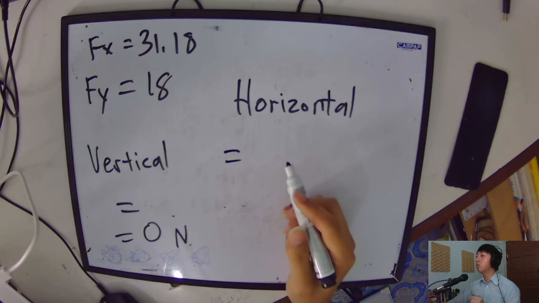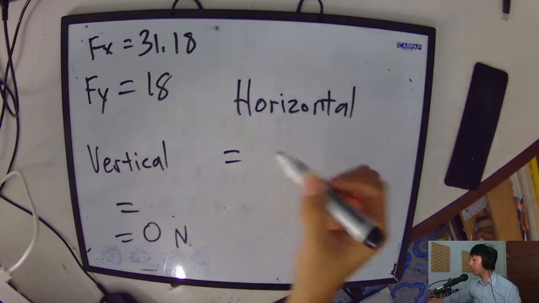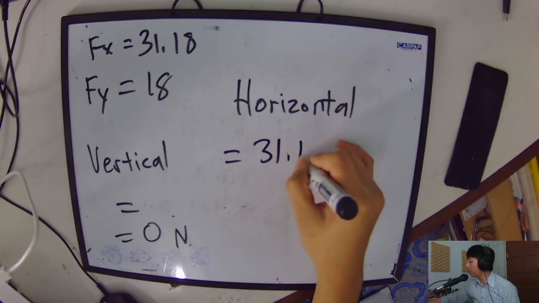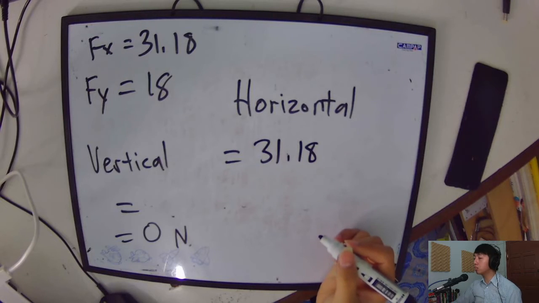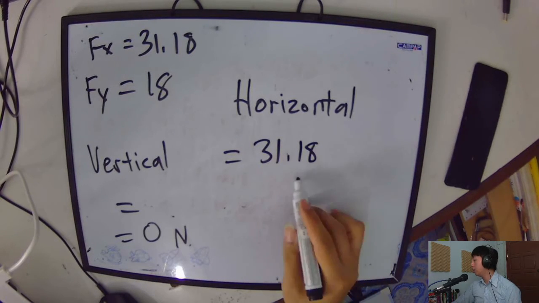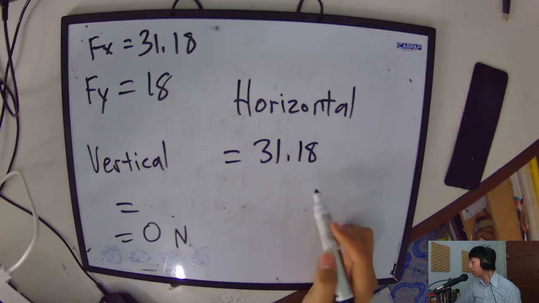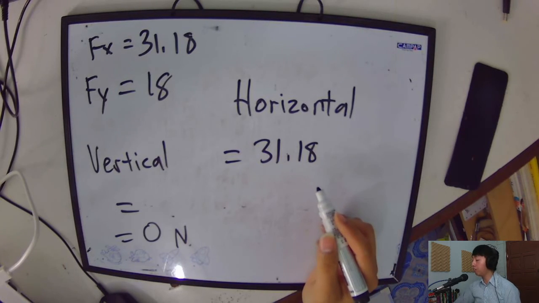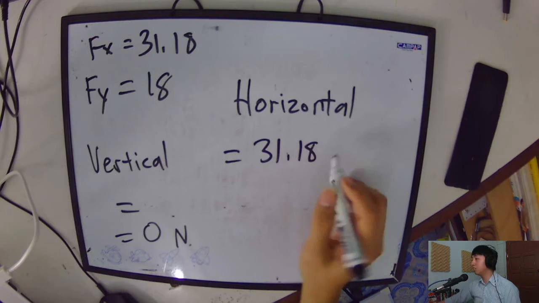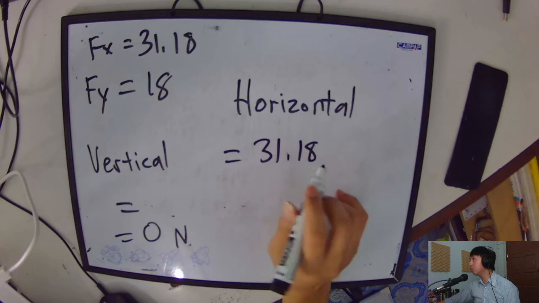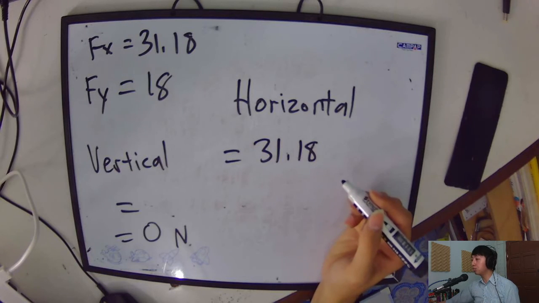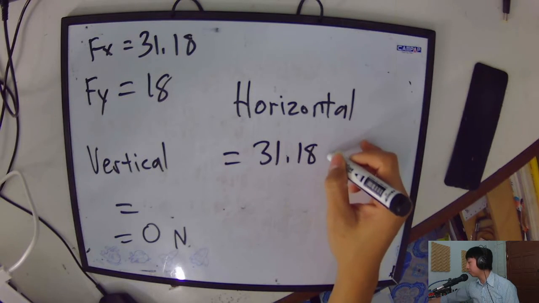First we have Fx, which we calculated earlier at positive 31.18. Your textbooks, I noticed, when you need to simplify a long number, it usually goes up to 2 decimal places, so I would just follow that. Your answer will not be that far off if you round off to 1 or 3, but since the textbook does 2, then I'd follow that.